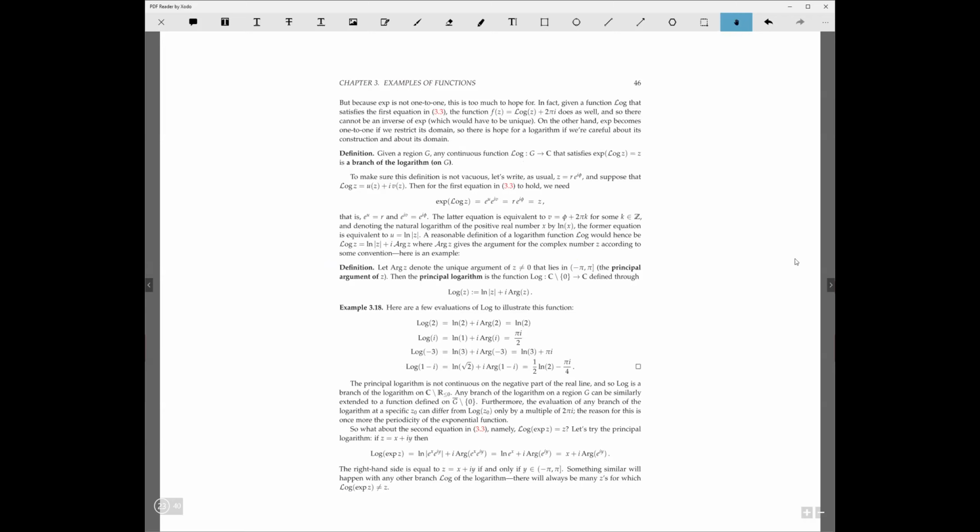So how can you have an inverse of a function that's not one-to-one? Well, you restrict the domain to where it is one-to-one. So the main thing we do is restrict the domain of the exponential function.